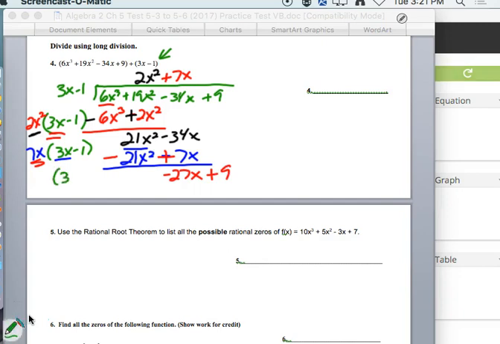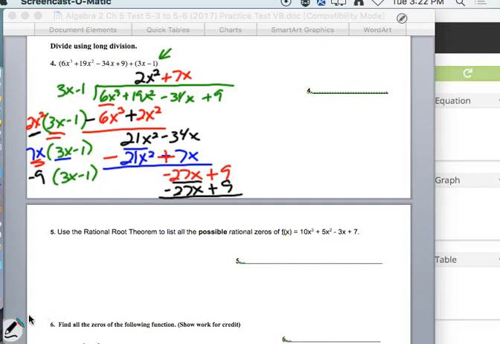Start back over with 3x minus 1 and think, how do I get 3x to be negative 27x? I would have to multiply by a negative 9. That will give me negative 27x plus 9.